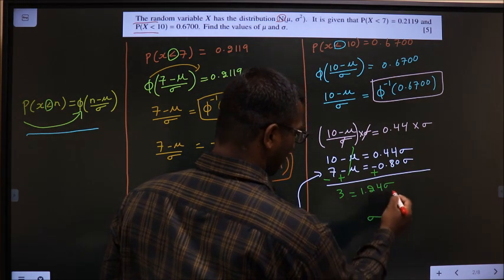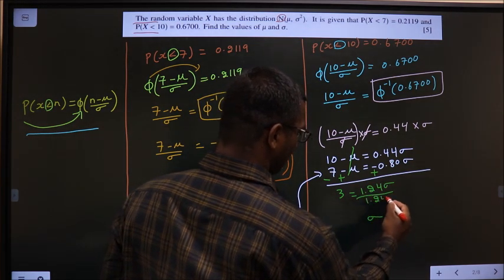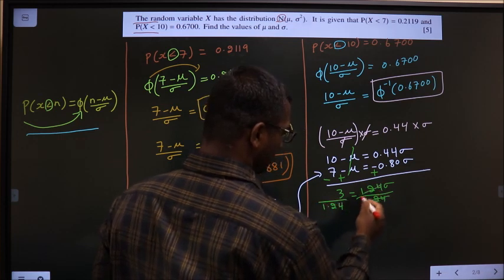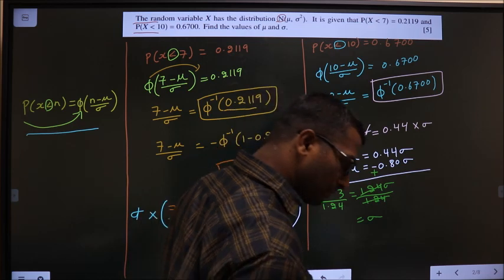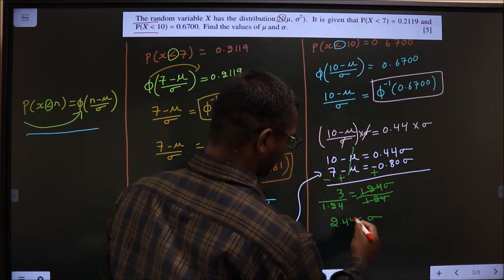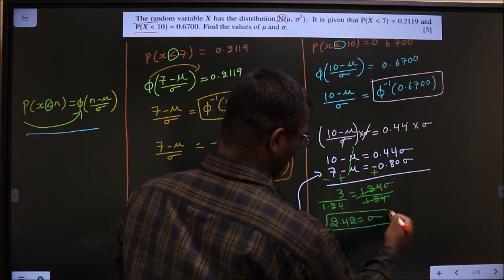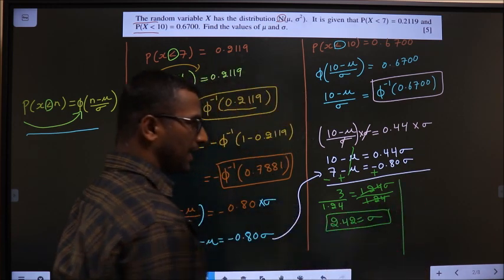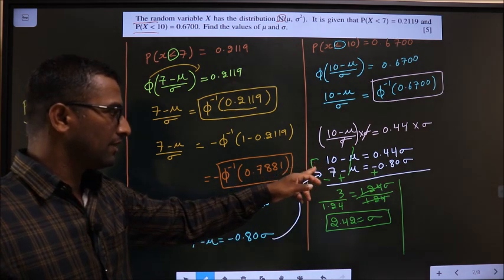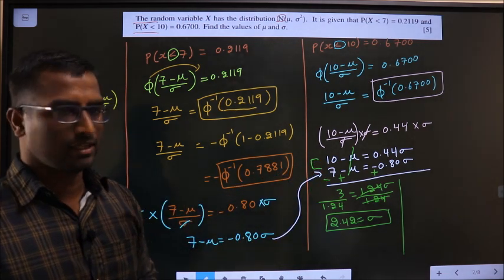Now to get standard deviation, divide by 1.24 on both sides. So this gets cancelled. On this side, 3 by 1.24 is 2.42. So we got standard deviation. This you replace in any of the equations to get mean.